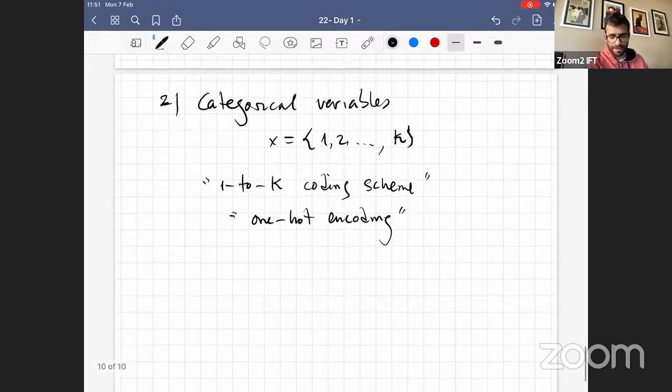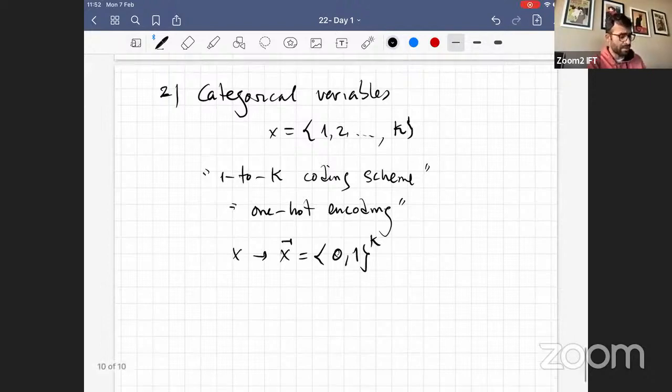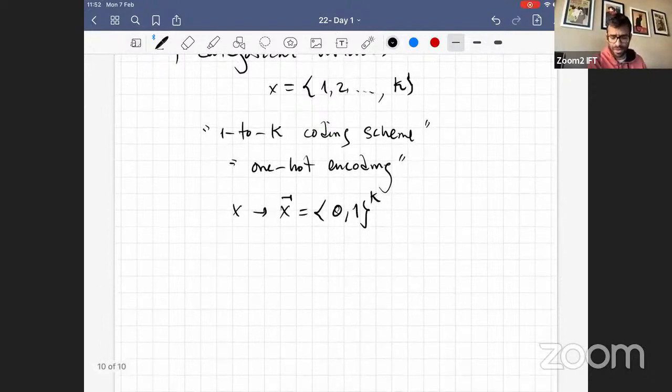And this is nothing but the following. You promote x to be a binary vector. So you have k entries of this vector, and each of the entries is a binary number, either 0 or 1.